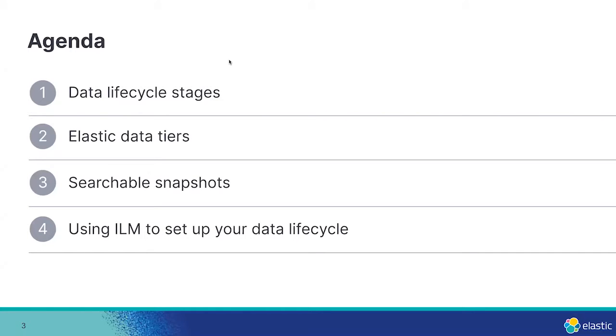Then from there, Yulia will dive right into a demo to show how easy it is to set up your index lifecycle management, or ILM for short, policies to manage the transition of your data through the various stages of its lifecycle.